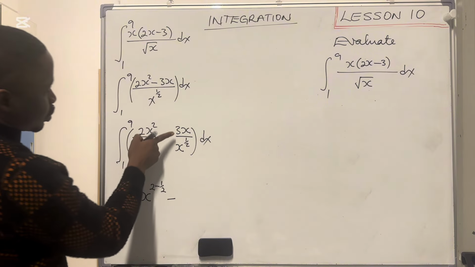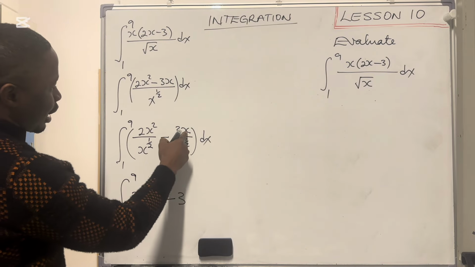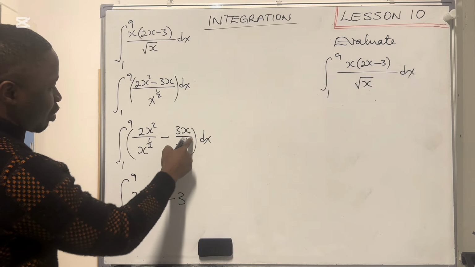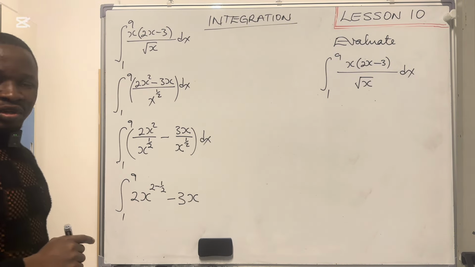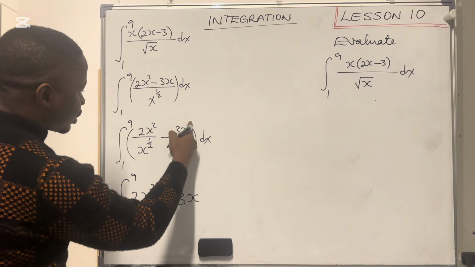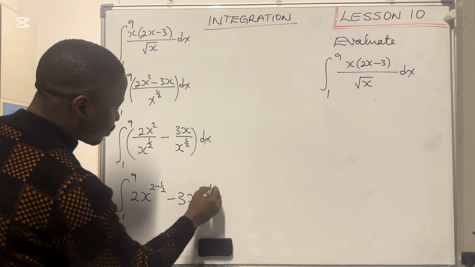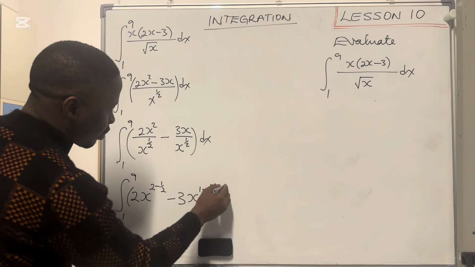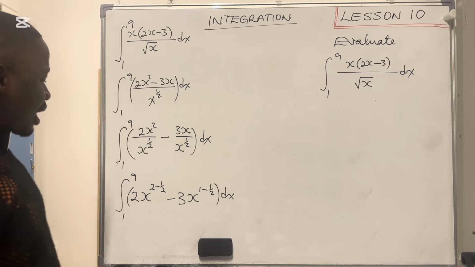Minus here, 3 divided by 1 is 3. X power 1, x power half, we take 1x, but because they are separated by division, we subtract the powers. Here is 1 minus the power here, half. We have not done anything like integration here.